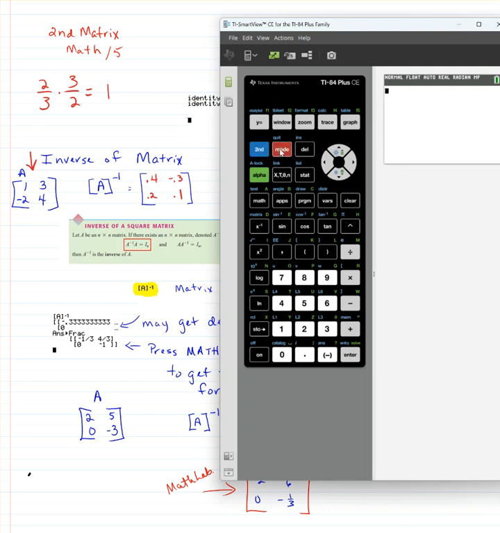All right, so we got that in right. We're going to second quit. Now we're going to go back into second matrix and choose the A that we put in. All right, now here is the inverse button. It's the thing we've been hitting for second matrix, and we're just going to hit that. So that gives us the inverse up there, and we'll hit enter, and it gives us that.